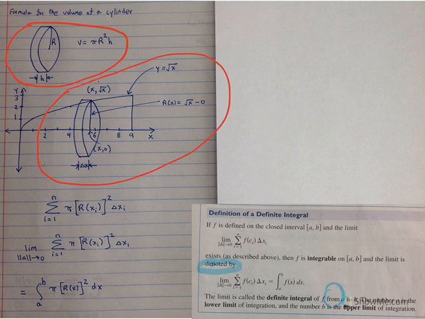So again, we have our region in the xy plane, and we're going to revolve that region about the x-axis to get our solid of revolution. And we begin by approximating the volume of this solid of revolution using the volumes of several cylinders.